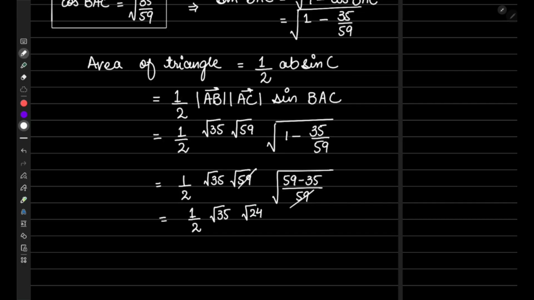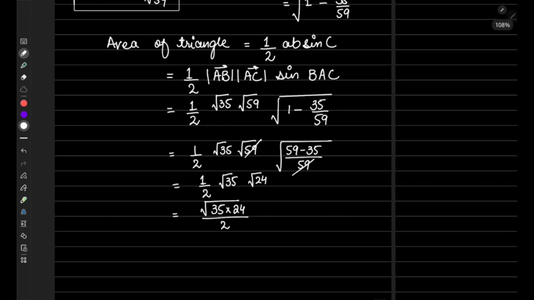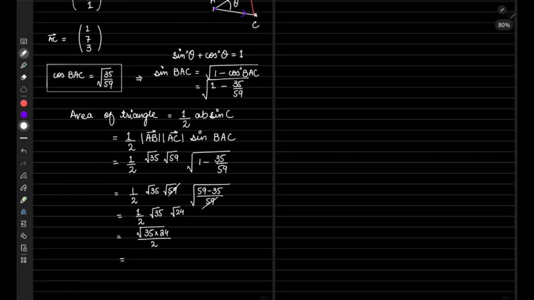Root 24. Now solve it further, it will become root 35 times 24, that gives you 840. So root 840 over 2.